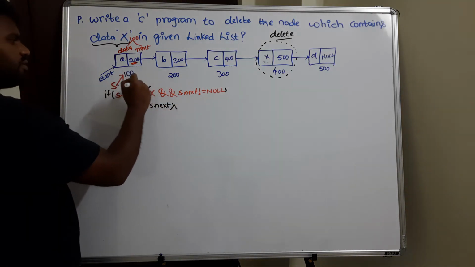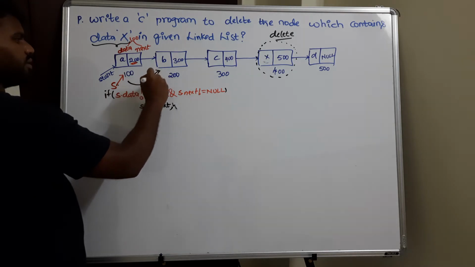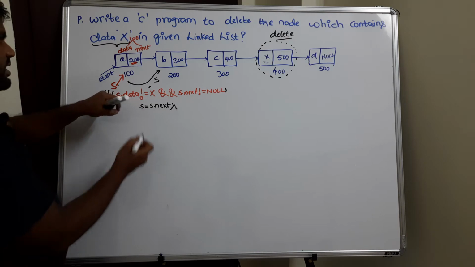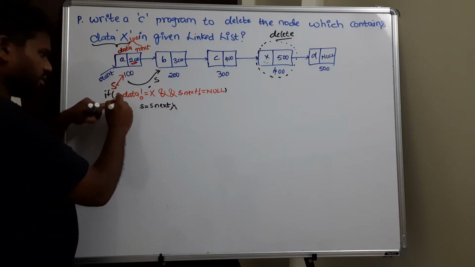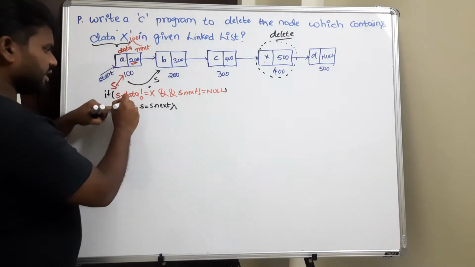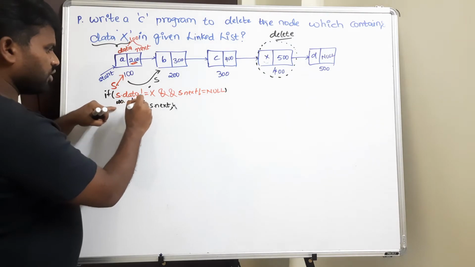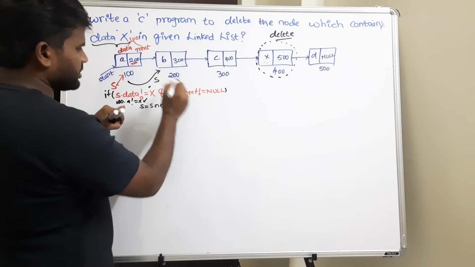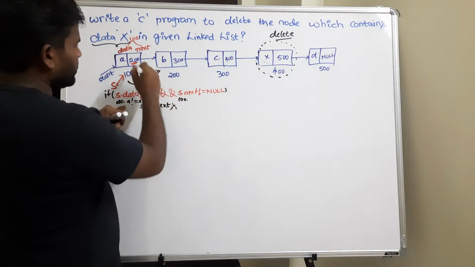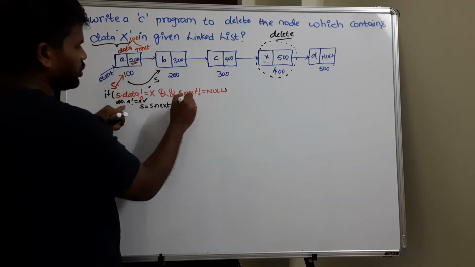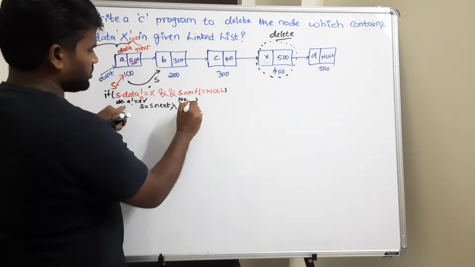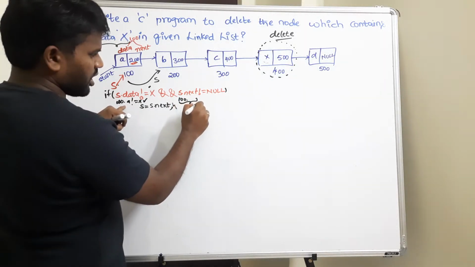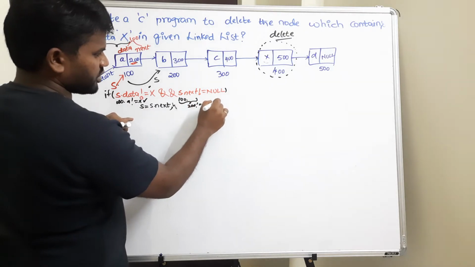So from here we came here, that is s. What is s? S is 100 and the data, that is a, is not equal to x, true, and 100 dot next is 200, not equal to null, also true.